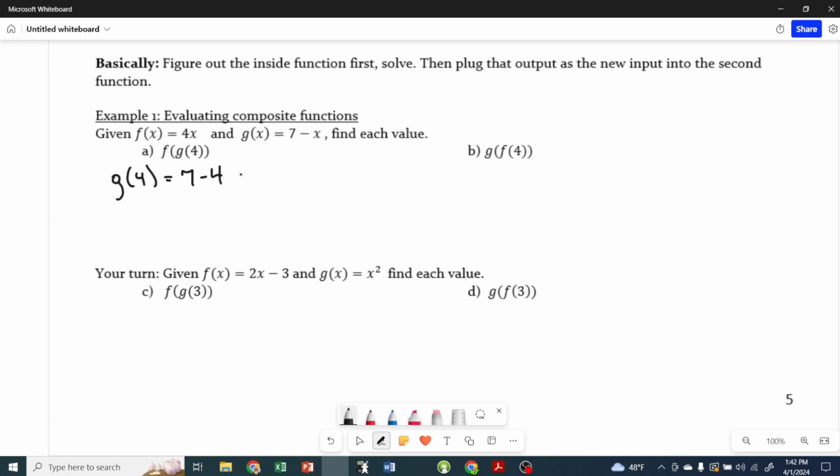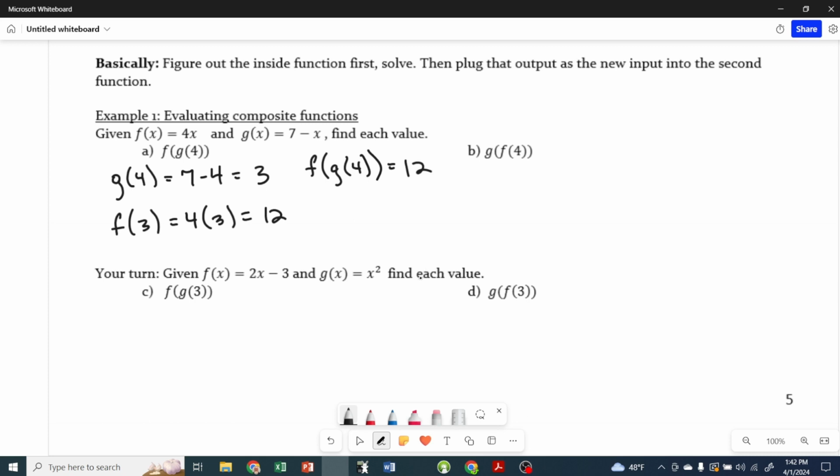So it's just 7 minus 4, which is equal to 3. So now you take the results of that, which is 3, and you plug that into f of x. So we now would find f of 3, and that would be equal to 4 times 3, which is equal to 12. So at the end of the day, f of g of 4 is 12.